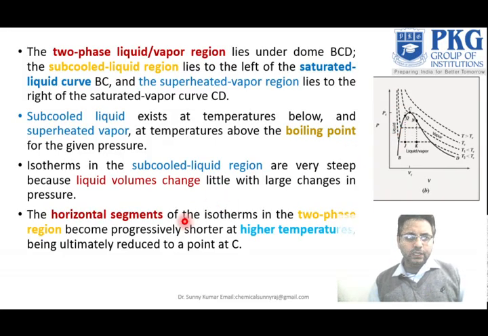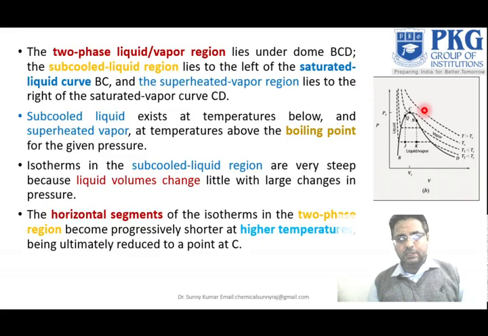The horizontal segments of the isotherm in the two-phase region become progressively shorter at higher temperature.